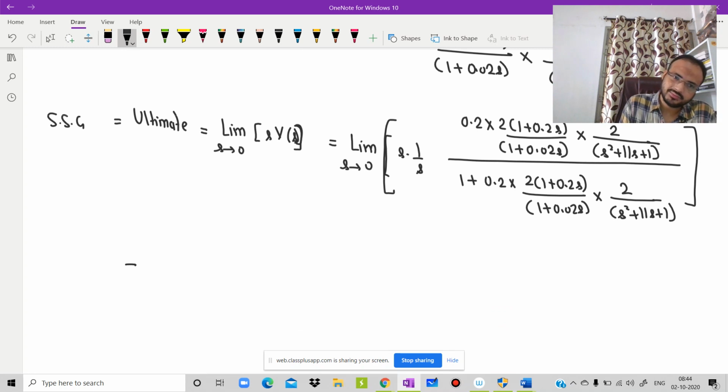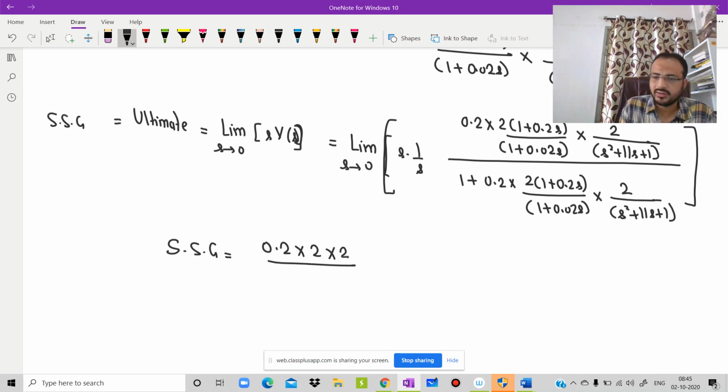So you will get limit s tends to 0. This s and s will cancel out. Then you will put the value s is equal to 0. After solving, you will get steady state gain is equal to, in numerator, 0.2 into 2 into 2.